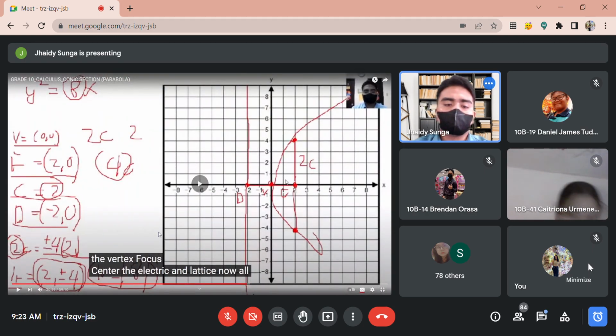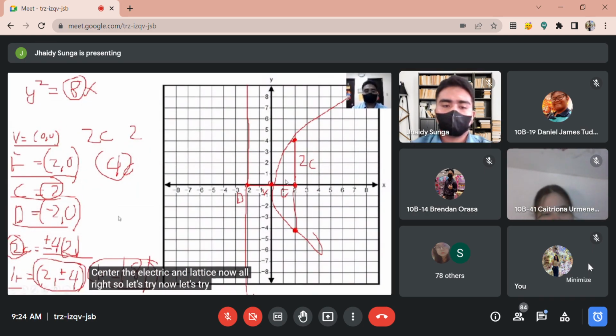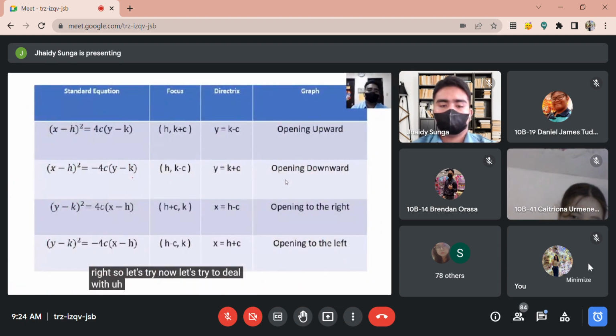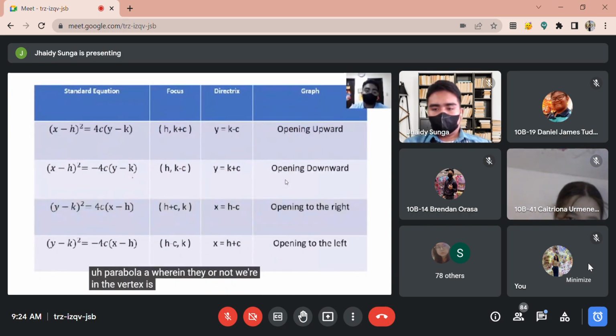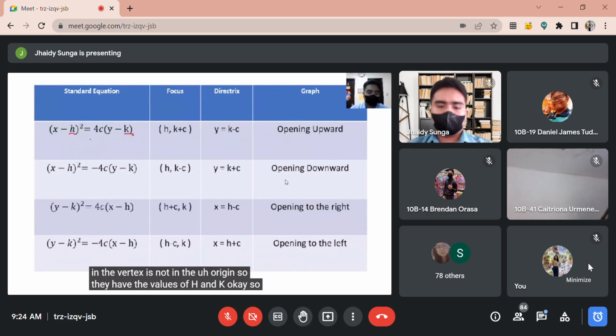Let's try to deal with a parabola wherein the vertex is not in the origin, so they have the values of h and k.